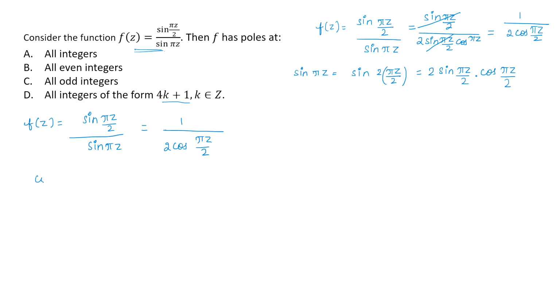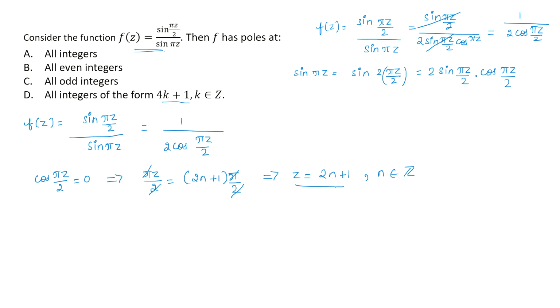The points at which cos(πz/2) is equal to 0: if cos(πz/2) = 0, it means πz/2 is basically an odd multiple of π/2. From this we can see that z = 2n+1, where n belongs to ℤ, the set of all integers.